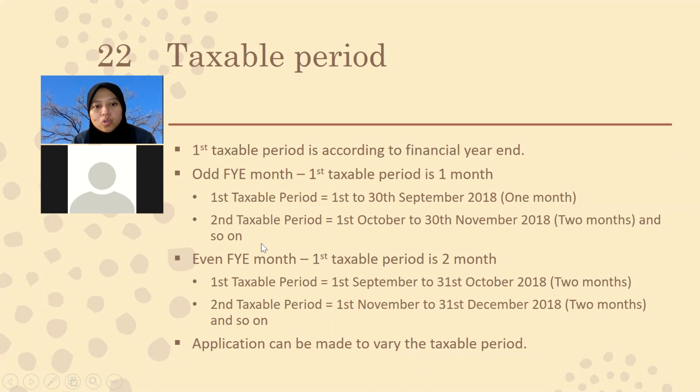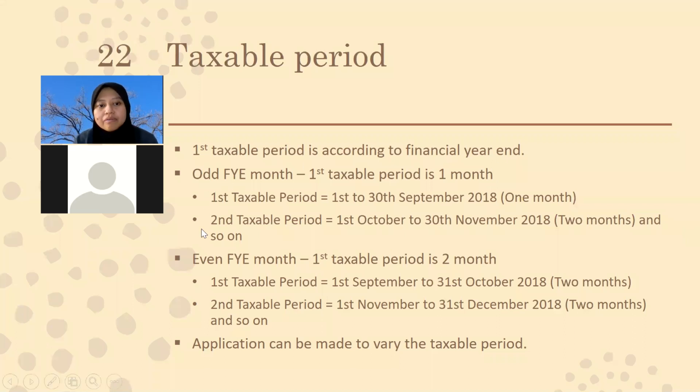For companies with even financial year end month, they will have September to October, and then November, December, and then January, February, and then March, April. Okay, 2 months period. So every 2 months they will have to submit the tax return form. After 2 months, they submit one form. Then another 2 months, they will submit another form.